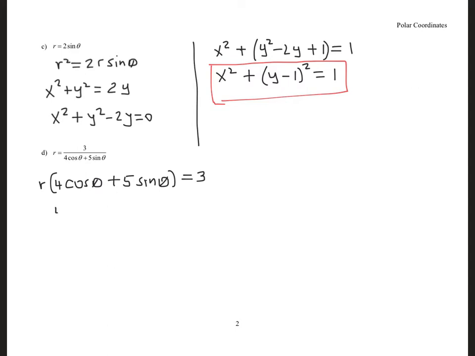Then I'm going to distribute: 4r cosine of theta plus 5r sine of theta is equal to 3. So r cosine of theta is the same as x, so 4x plus 5r sine theta, which is 5y, is equal to 3, and that is the equation.